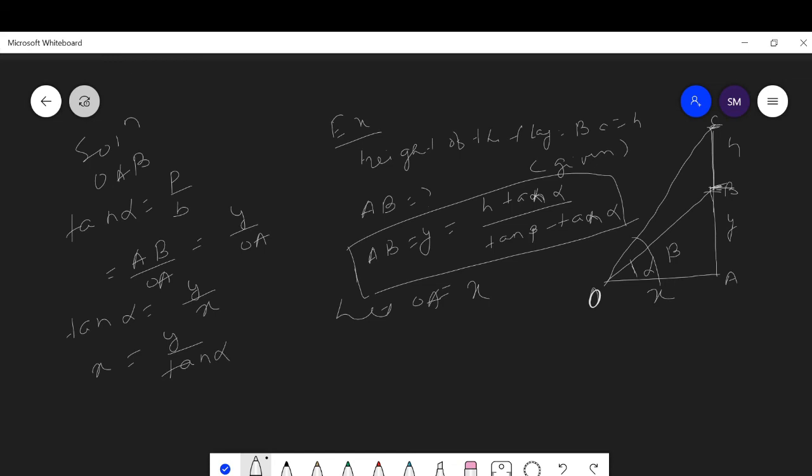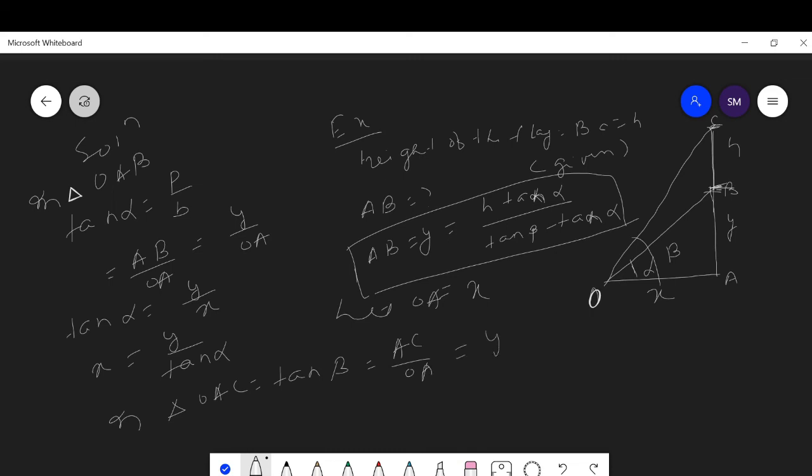Then consider the triangle OAC. Taking the tangent of angle beta, we get tan beta is equal to perpendicular upon base. Here tan beta is equal to AC upon OA. What is AC?